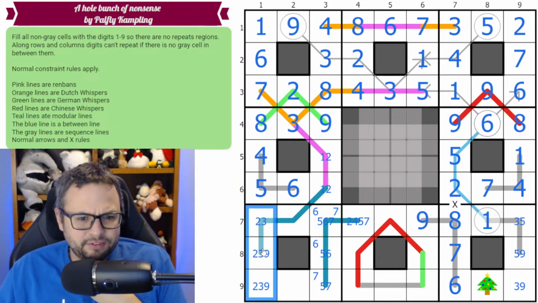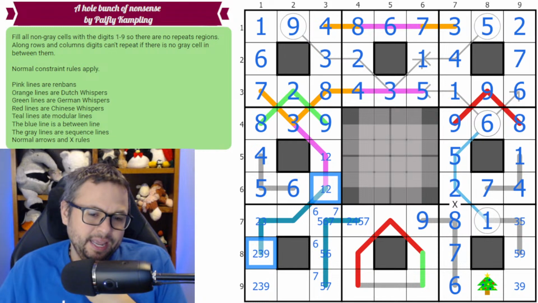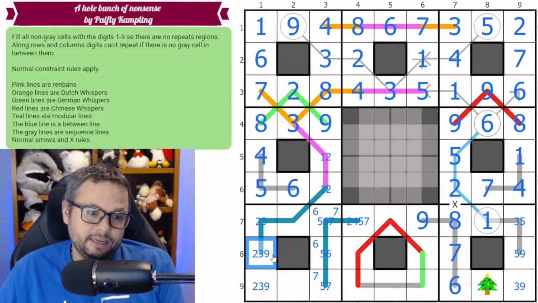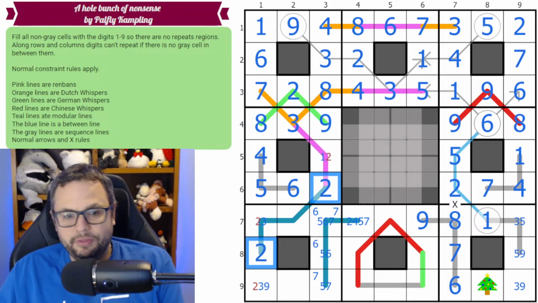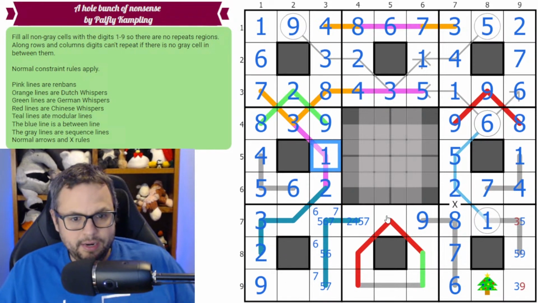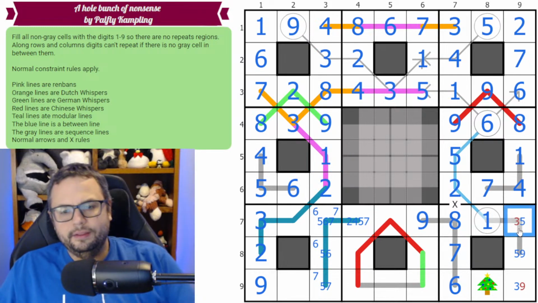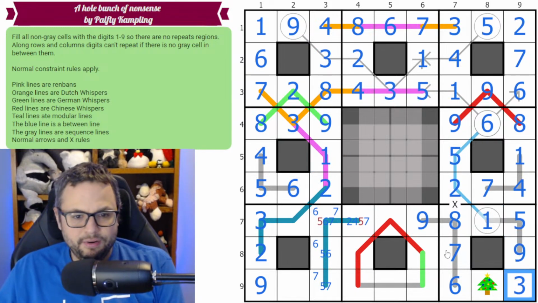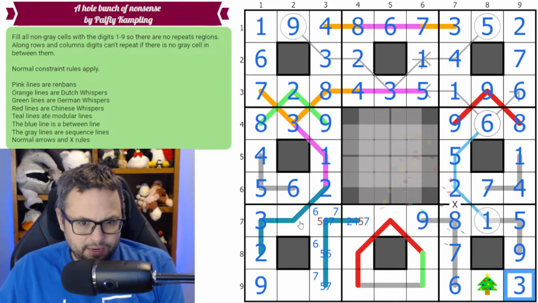Let's see. So these are 2, 3, 9, but this one and this one have to be the same, and this one's not divisible by 3, so this one can't be. So these are both 2, and that is 3 and 9 and 1. So that is 5 and 9 and 3 over there. So this is 1.